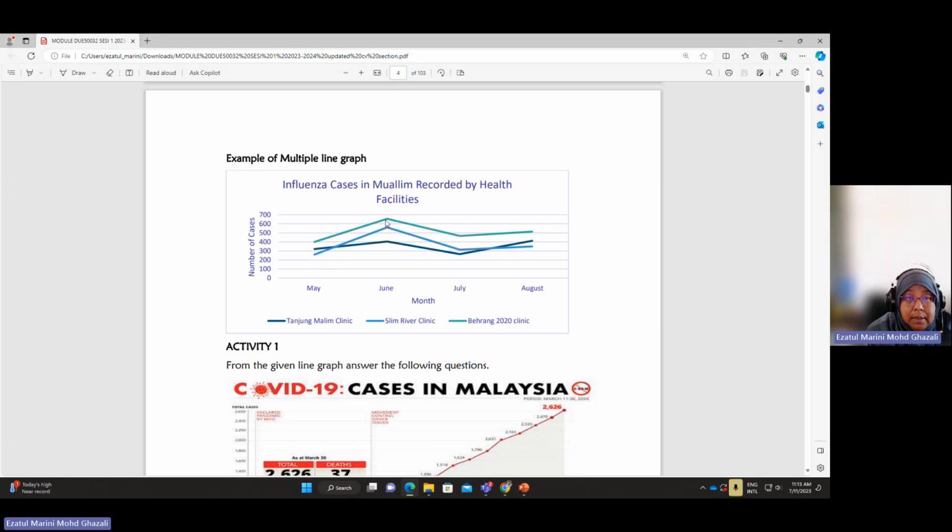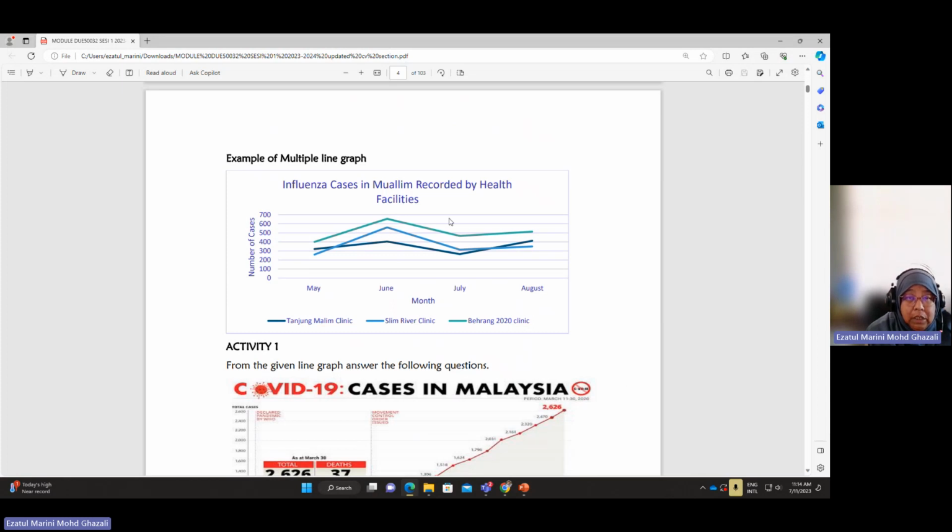The highest or the peak of the influenza cases recorded is over 600, maybe 650 in Behrang 2020 Clinic, 550 in Slim River Clinic, and exactly 400 at Tanjung Malim Clinic.